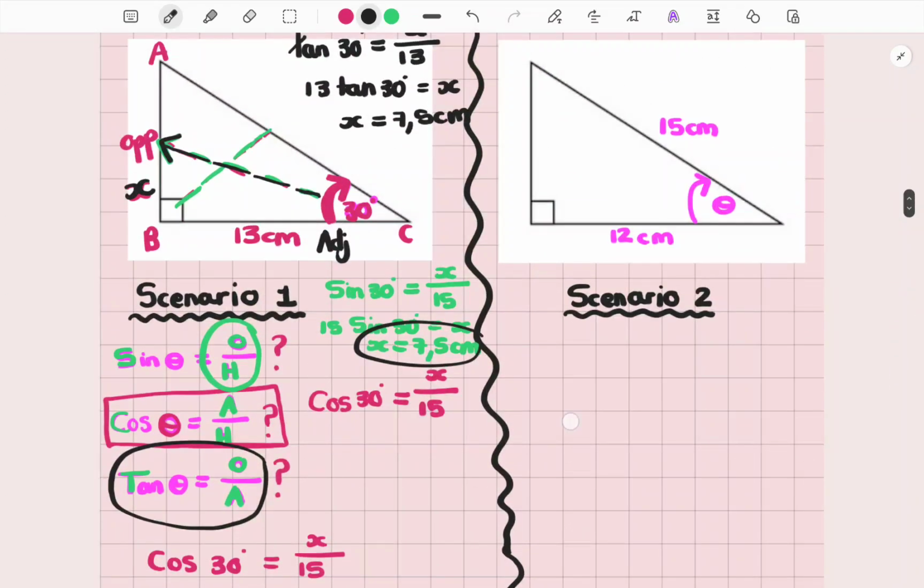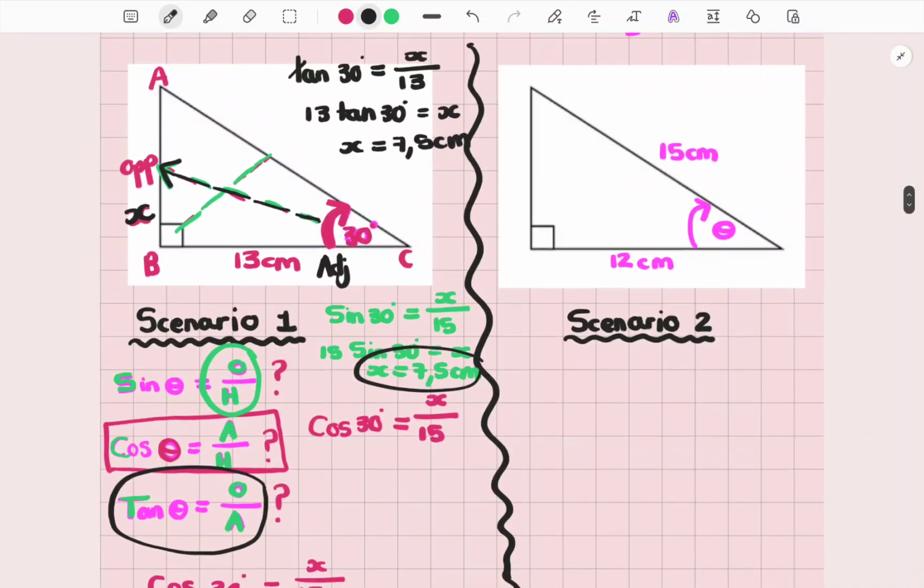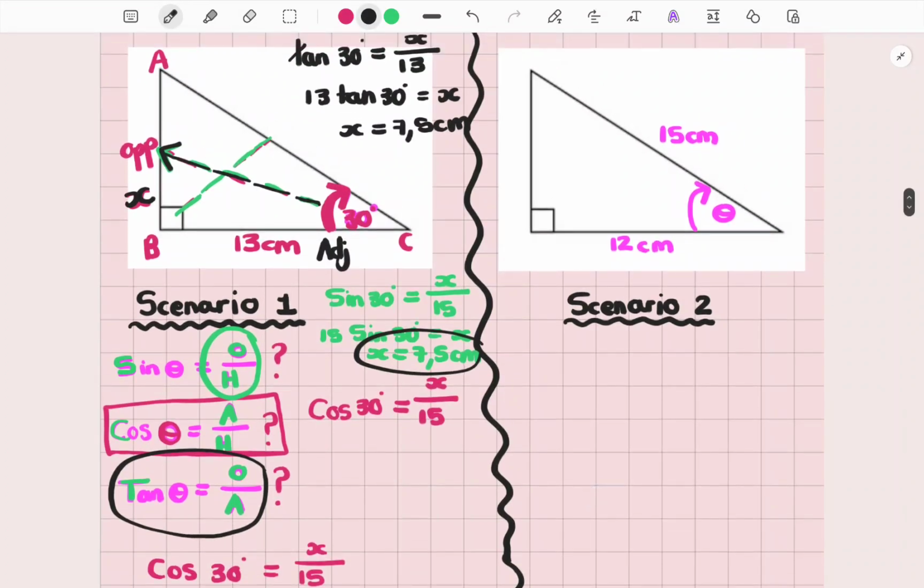I hope that helped a bit and that I didn't confuse you more with all this writing, and I hope that you can follow. All right, scenario 2 is actually quite easier. In this scenario, we are looking to find theta. We are looking to find an angle size. So in scenario 1, we had a size of an angle and we had a length of a side of the triangle, and we were looking for the other length of a side.